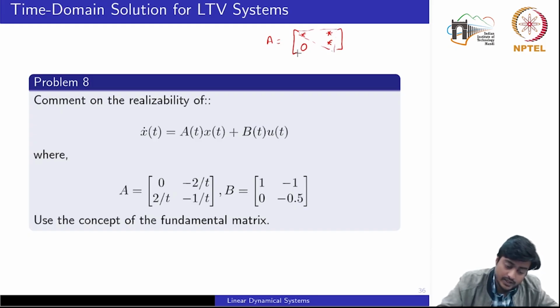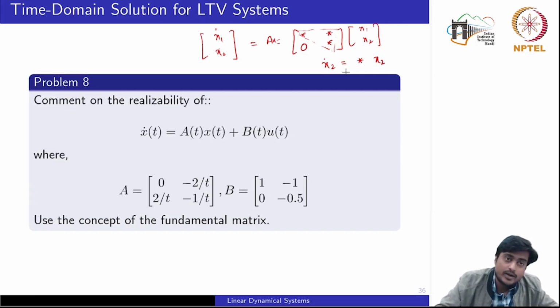Why do we do this? If we have the state variables x1 dot, x2 dot equal to this matrix times x1 and x2, we should be able to write that x2 dot is some element times x2.